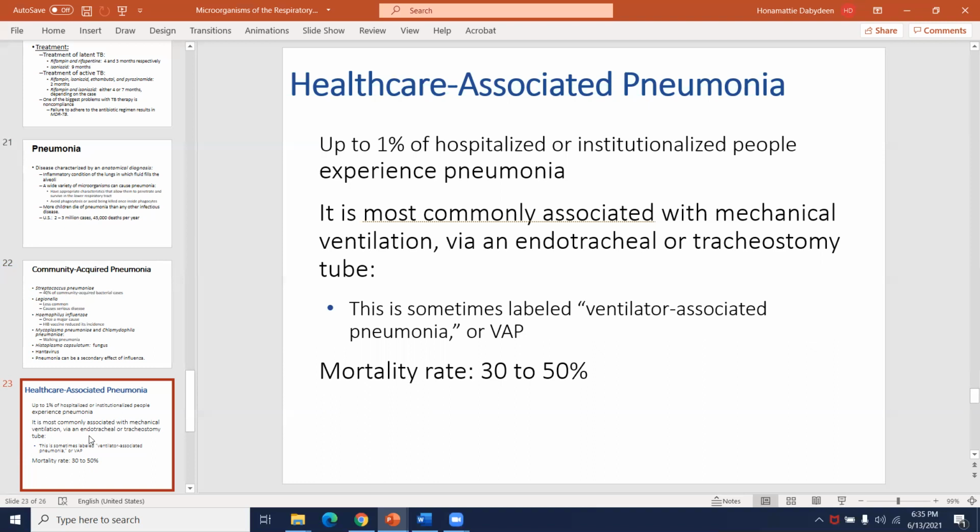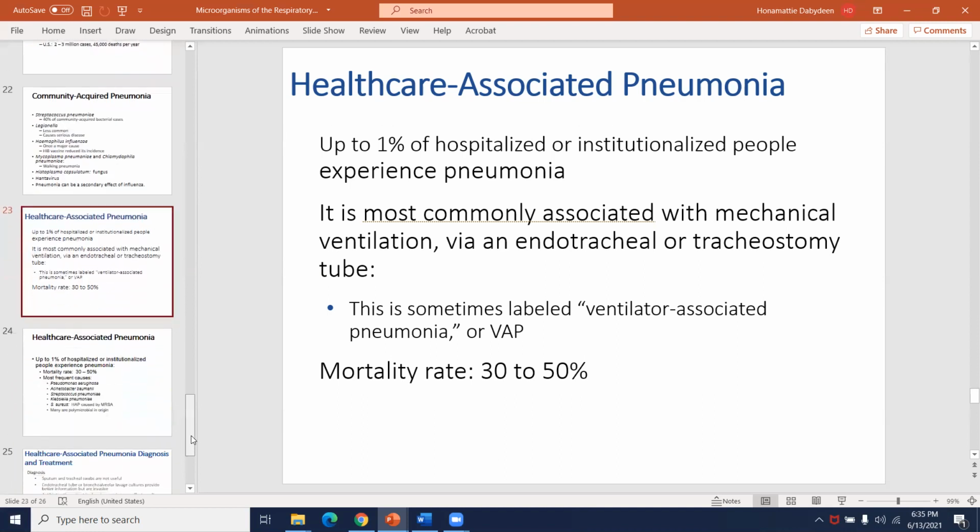Because in a hospital setting, there are patients there with so many different types of diseases and so many different resistant organisms that many times, when an individual acquires these hospital-acquired infections, the infections are generally due to those very highly resistant organisms. They're difficult to treat. And look at that, the mortality rate could be up to 50% in many cases.